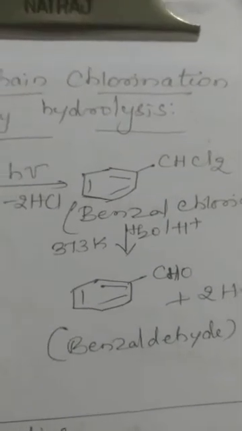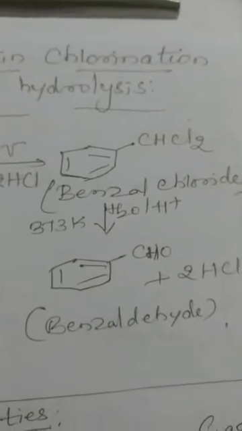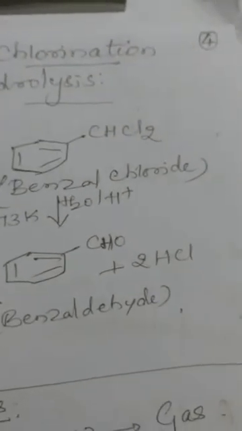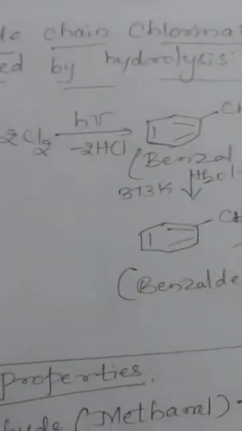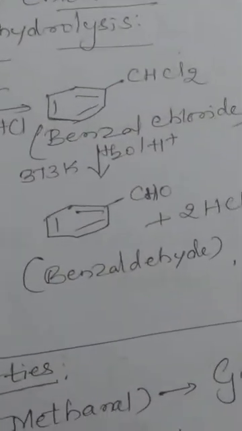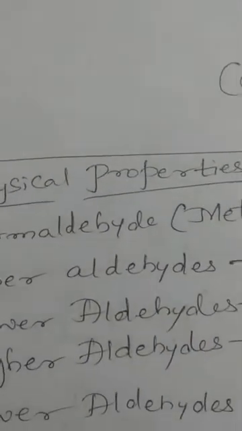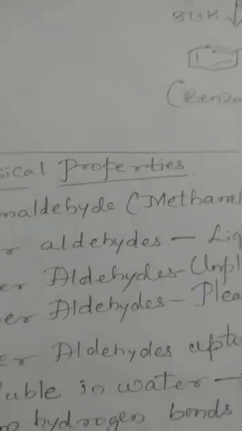So these are the different methods of preparation of aldehydes. I hope the methods of preparation of aldehydes is clear to you all. Next is to know something about the physical properties of aldehydes.